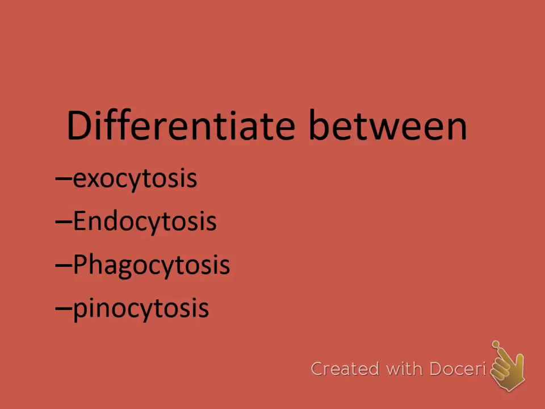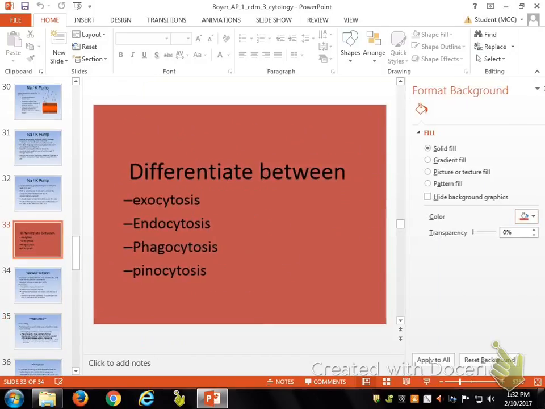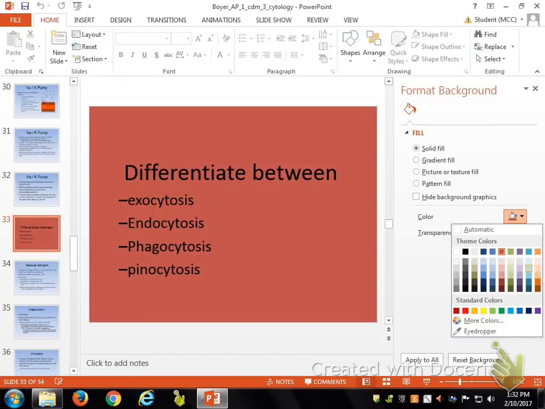So some of the things that happen in the cell that are kind of important for the cells to function better: we have exocytosis, endocytosis, phagocytosis. Those are what makes the cells so that they can function properly.